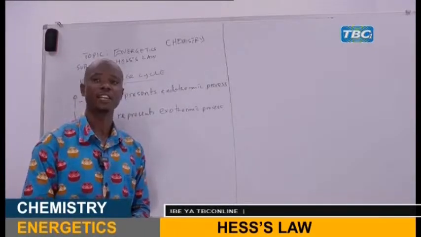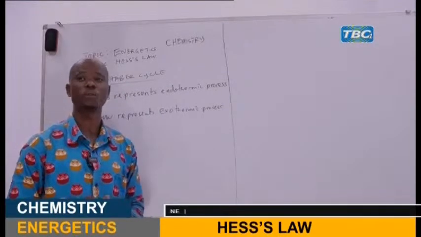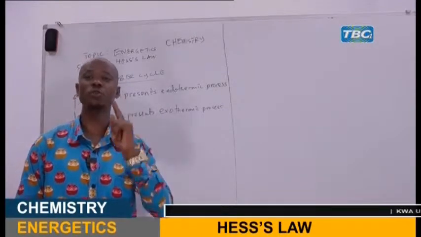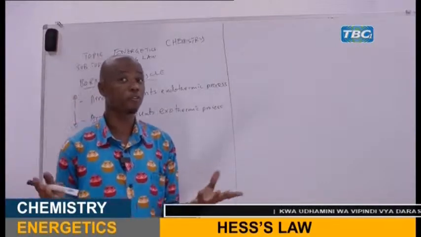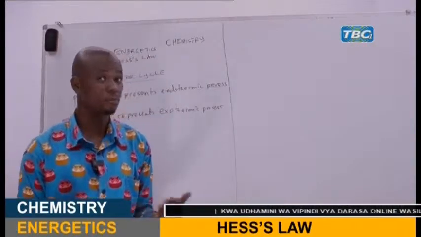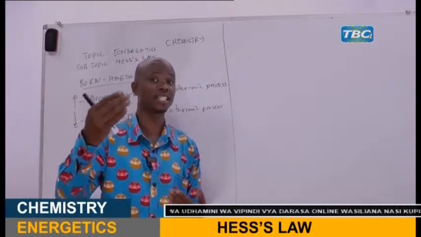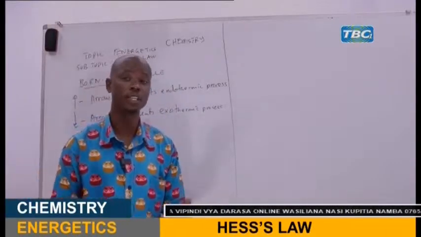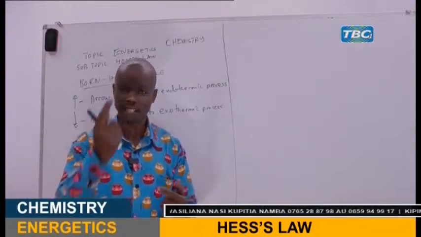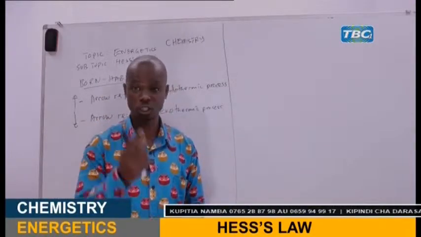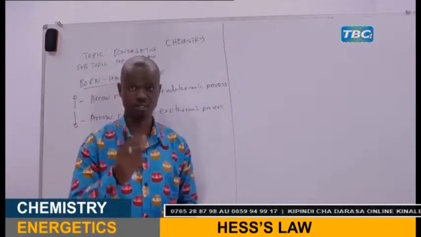The first thing, before you think to draw the Born-Haber cycle, is you have to know how to write the chemical formula. This is a very simple one because you studied it at ordinary level, in Form 2, in the topic of chemical formula, bonding and nomenclature. So I'm sure that is not a problem. Is it true, my dear students? Yes.